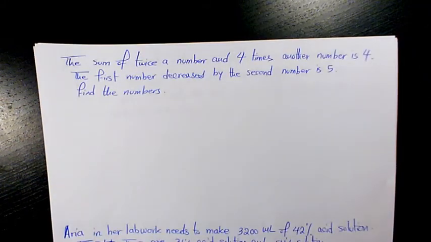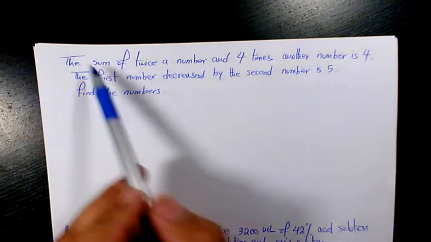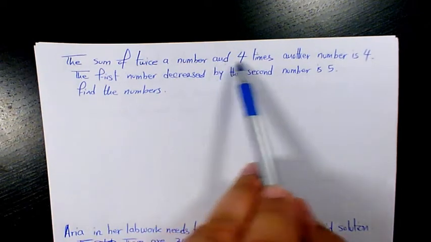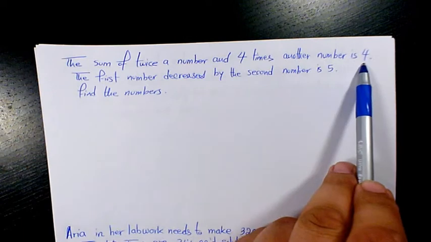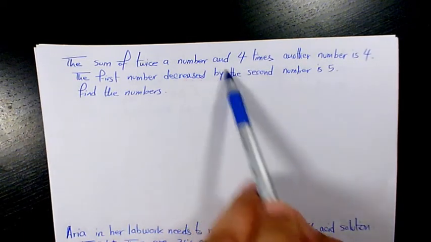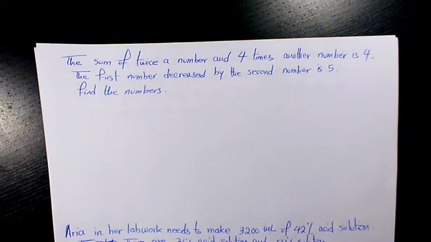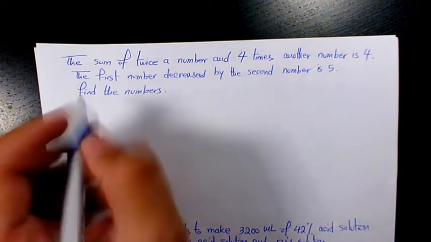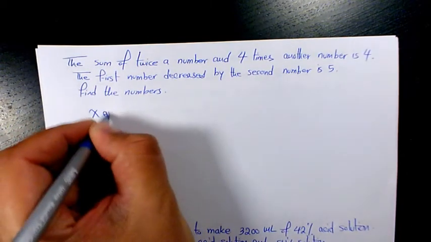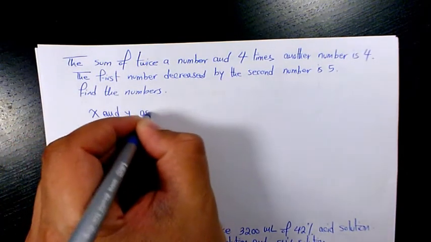Next example. The sum of twice a number and 4 times another number is 4. The first number decreased by the second number is 5. Find the numbers. So let's say x and y are the numbers.